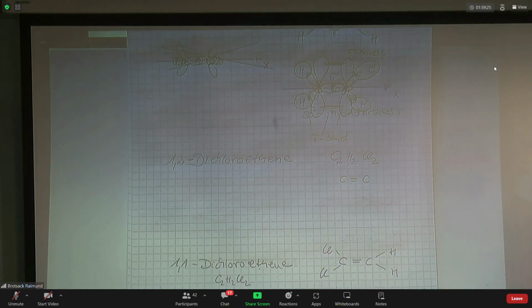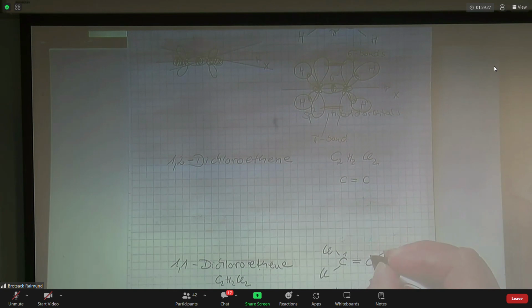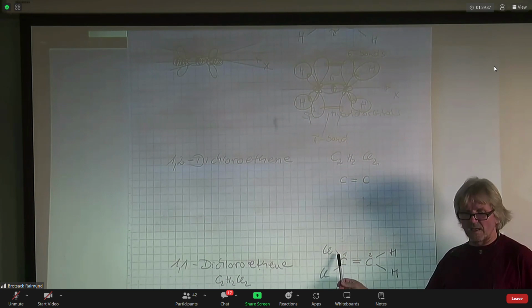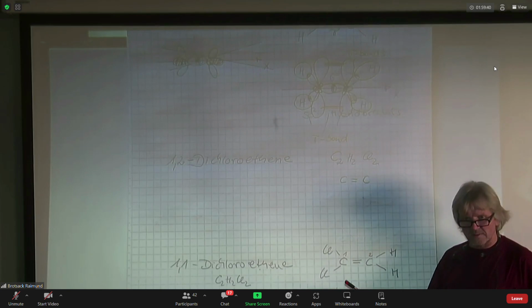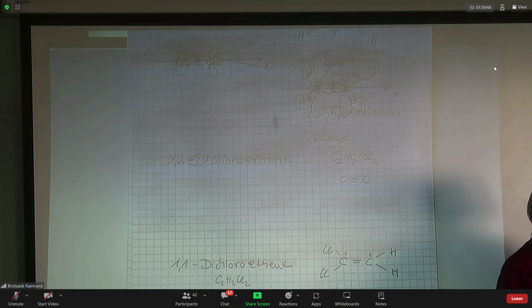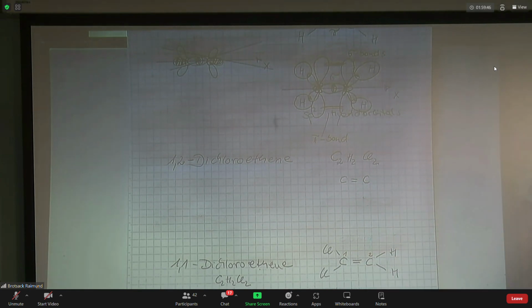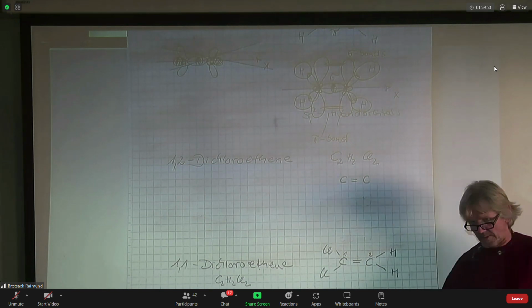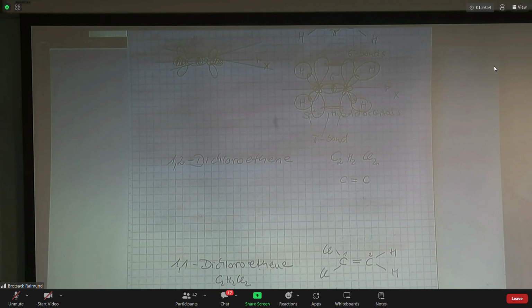That is our second carbon atom, and we count from one side. And we say this atom which has another than hydrogen is the 1. So we have the 1,1. The 2,2 might be the same, but then we just count from the right side. Then it's the 1,1 again. And what's now for the 1,2 dichloro?